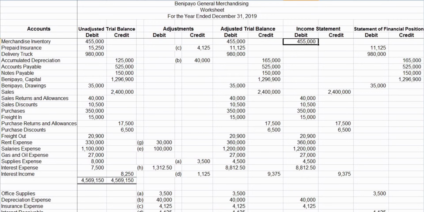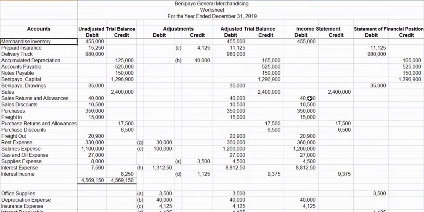The second closing entry is with regards to those accounts under the debit column of the income statement, starting with this 455,000 worth of merchandise inventory beginning. Remember, I pointed out in part 2 that this is the beginning balance. Because this has a debit balance, to close it, we have to credit merchandise inventory beginning for 455,000.